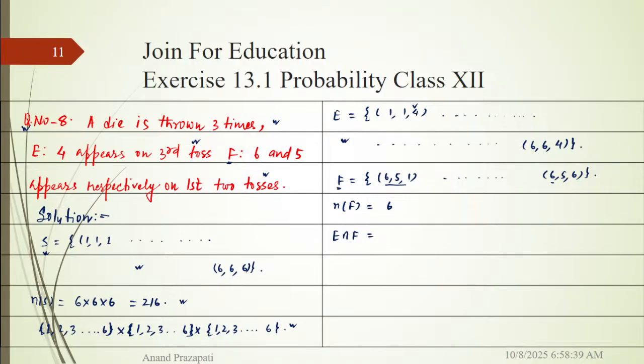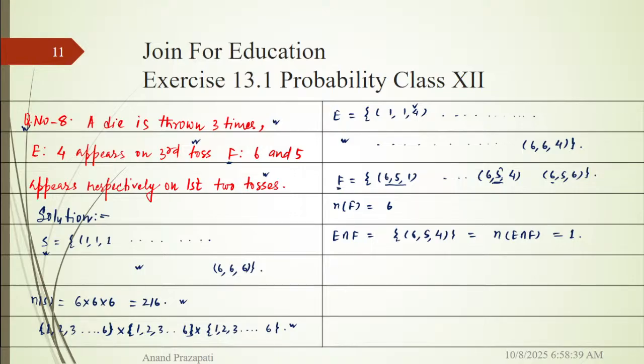Only this one is common to both E and F. So the number of E intersection F will be 1. Hope there is no problem understanding up to this step.